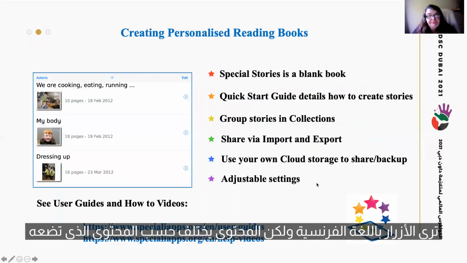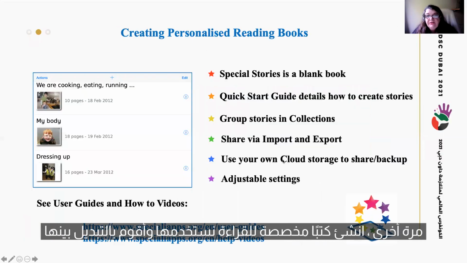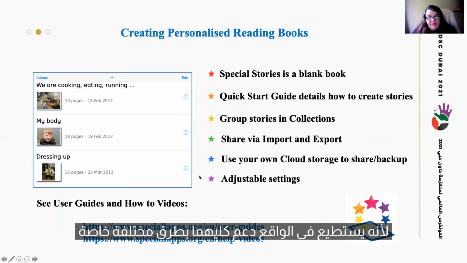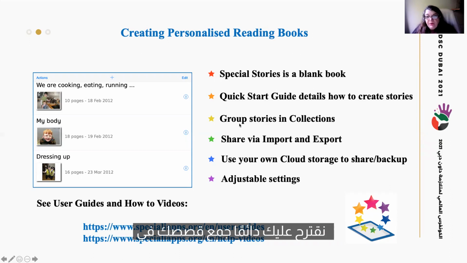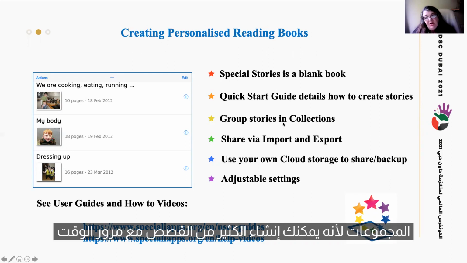So again, creating personalised reading books, and I'm switching between both because you can actually support both in different ways. Special Stories is a blank book, and we've got a quick start guide that shows you how to create a story. We always suggest you collect your stories in collections, because you can create a lot of stories as time goes on.